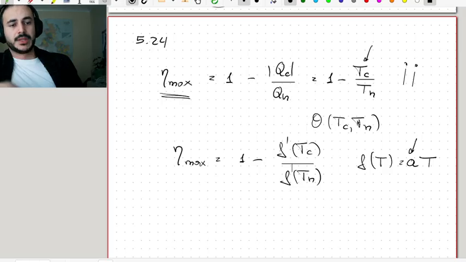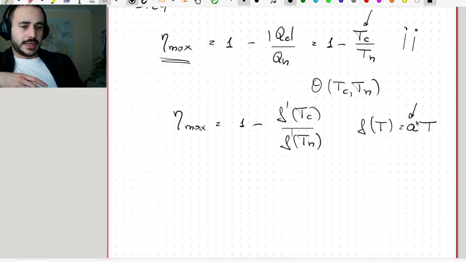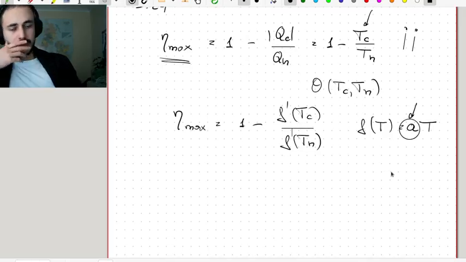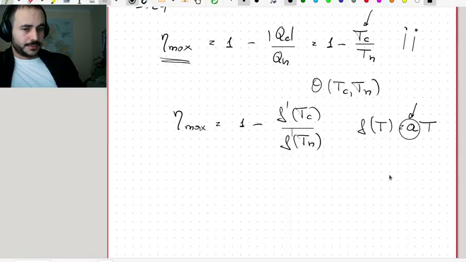Okay, so like I said, we are free to choose this constant, and this constant gives you the size of the degree. So what we do, just for historical reasons, is to fix the size of a degree exactly as the same as the size of a Celsius or centigrade degree.